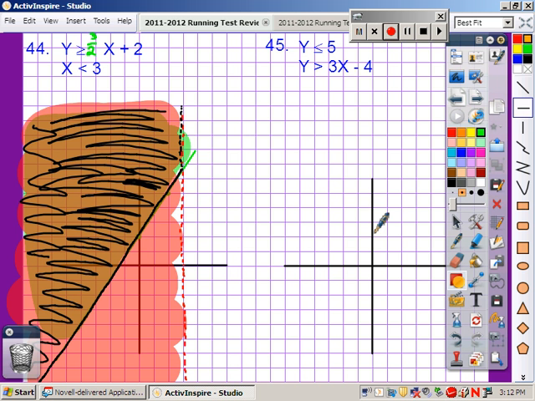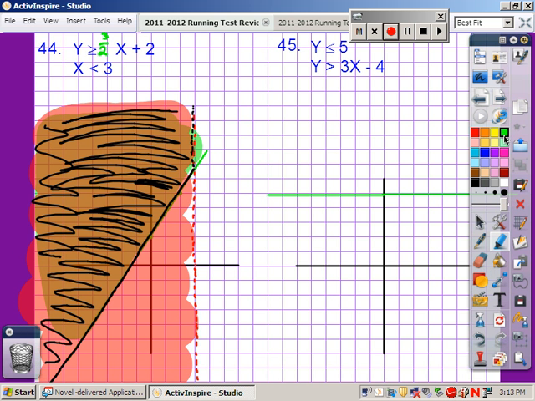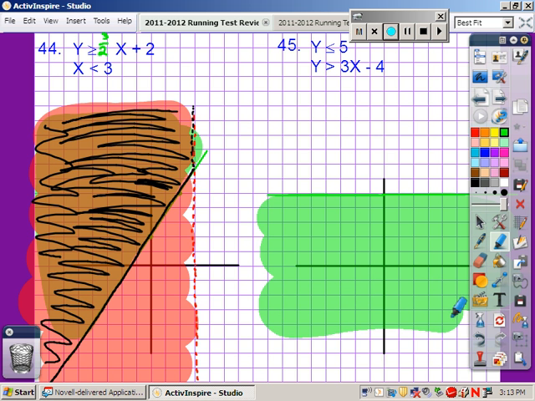So 1, 2, 3, 4, 5. We have a horizontal line going this way. And the shading, because it's less than, should be downward. So from the line down. This whole bottom half will be shaded.